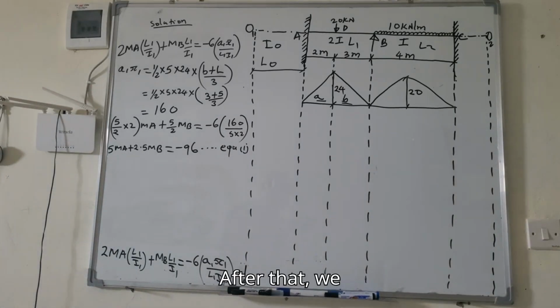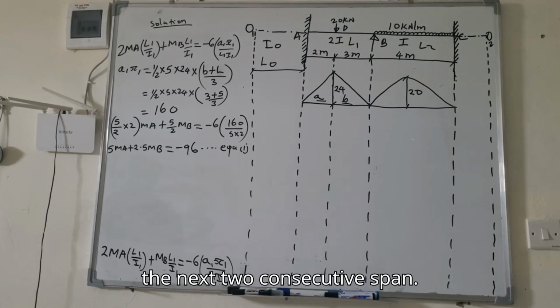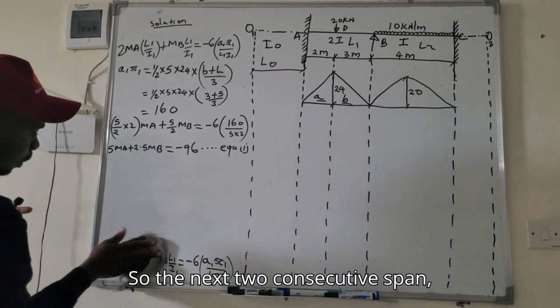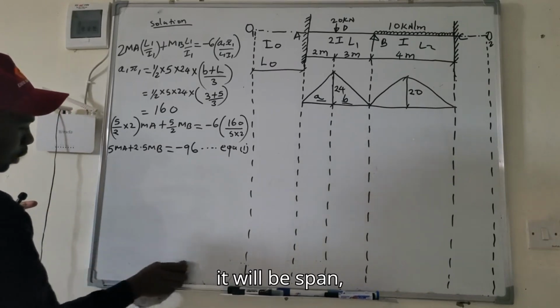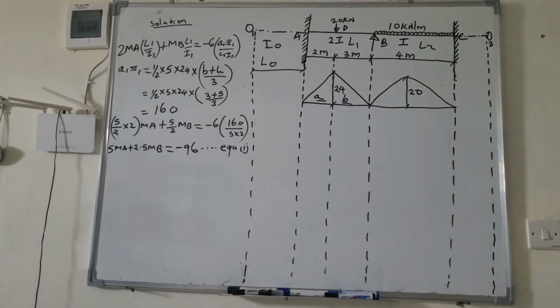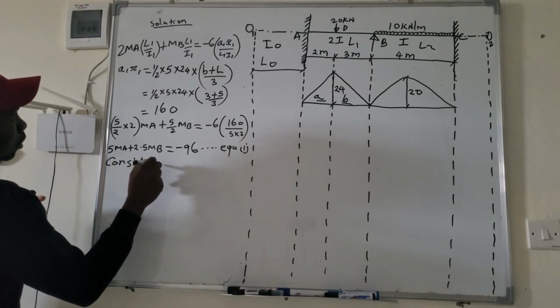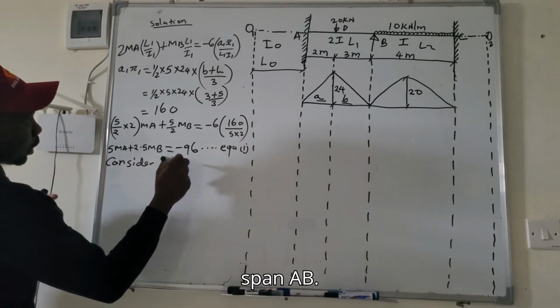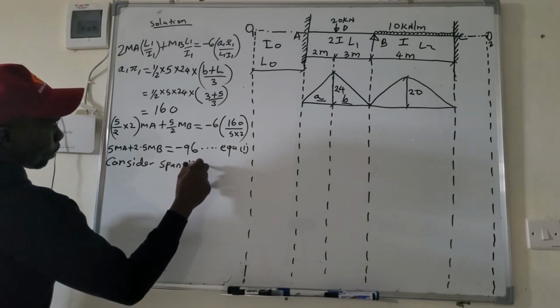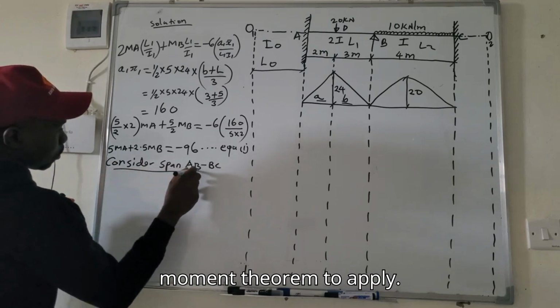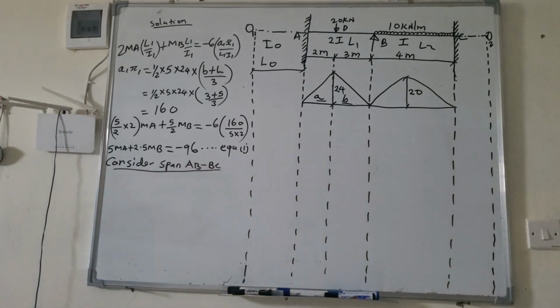After that, we go again to the next two consecutive spans. So the next two consecutive spans will be span AB and span BC. So consider span AB, BC for the three-moment theorem to apply.